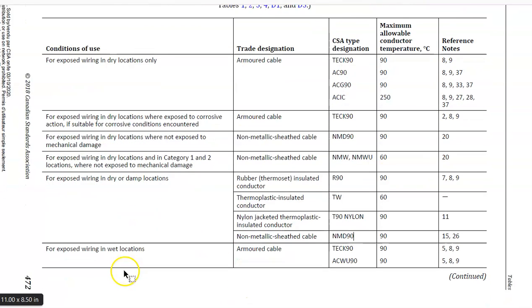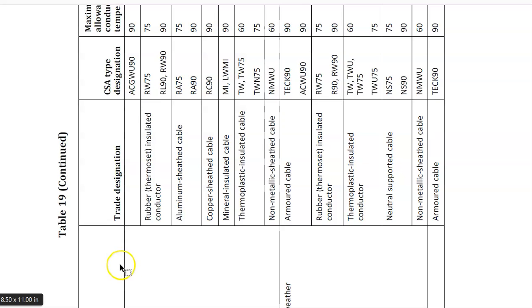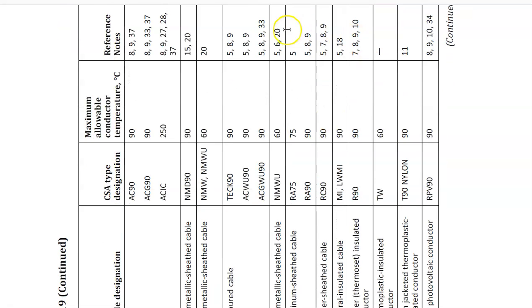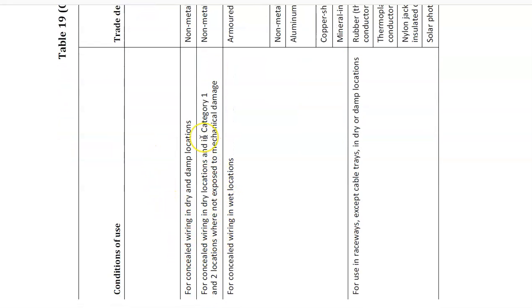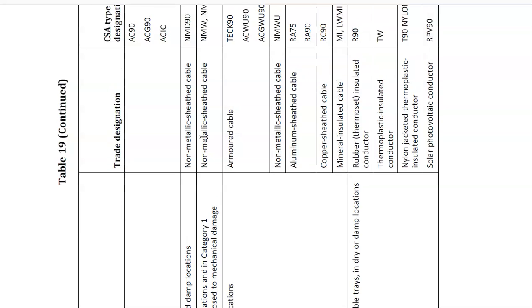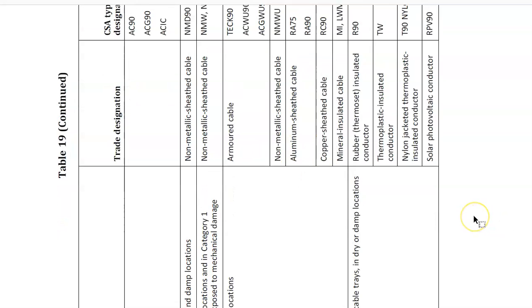Can I use it inside of a wet location? Absolutely not. And if I go through these just a little bit further, there's NMWUs and things like that, but those aren't NMDs. There's another NMD over here, but that one is going to be associated with concealed wiring in dry or damp locations, so inside of walls. But once again, it is dry or damp that we are going to be limiting ourselves to.